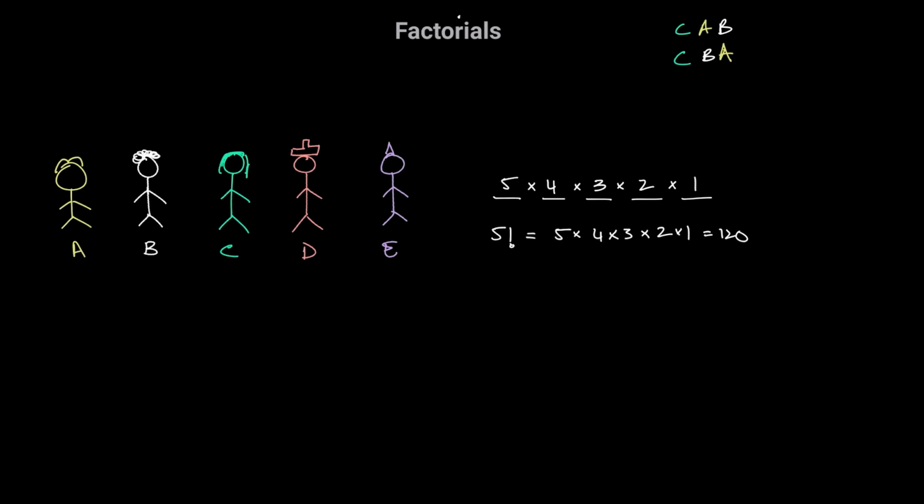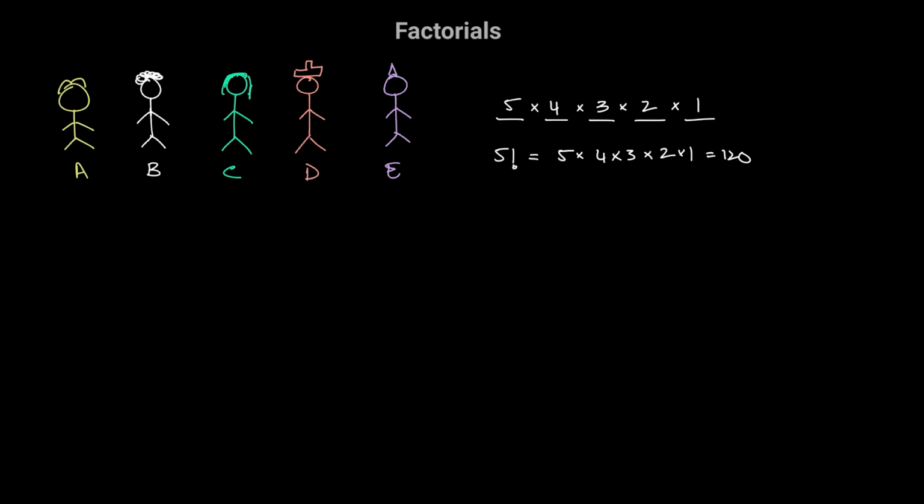Now again, if you were to state this more generally, if we had n different objects, we would have n factorial here. This is simply n times n minus 1 times n minus 2 all the way down to 1.